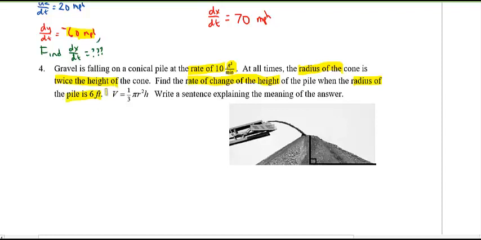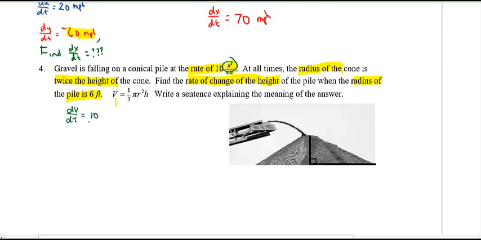And you're so fortunate. The formula relating all of these variables has been given to you. Oh, Christmas has come early. V, volume, is equal to 1/3 pi r squared h. Okay, so we know there's some sort of volume, and I would have known that too because I see this feet cubed, right? So that must represent dV/dt, the rate of change of volume, must be 10.